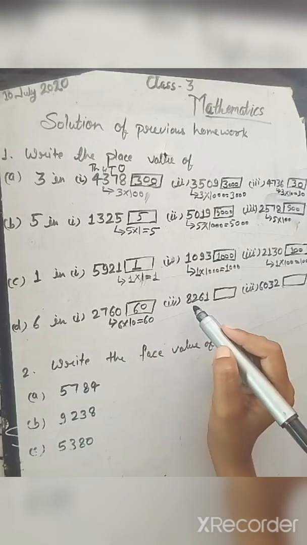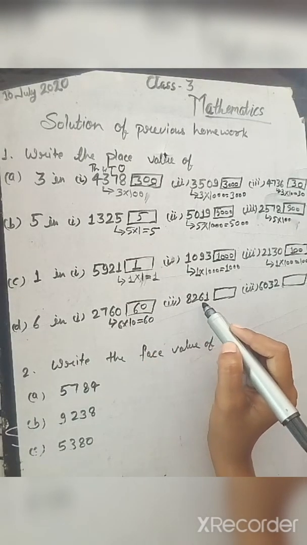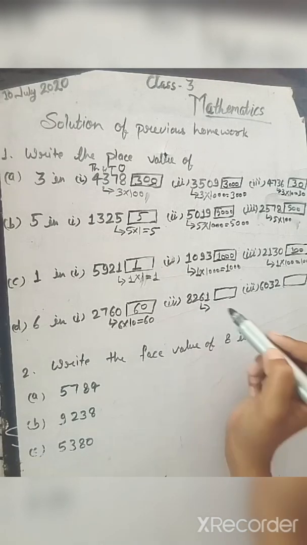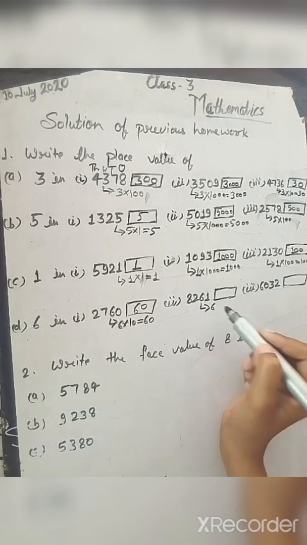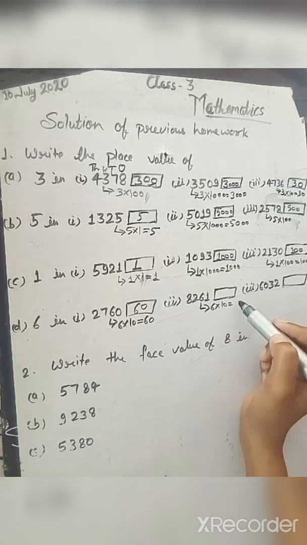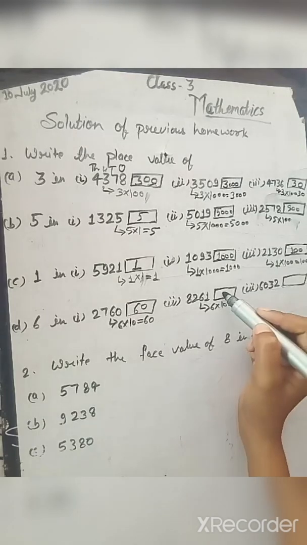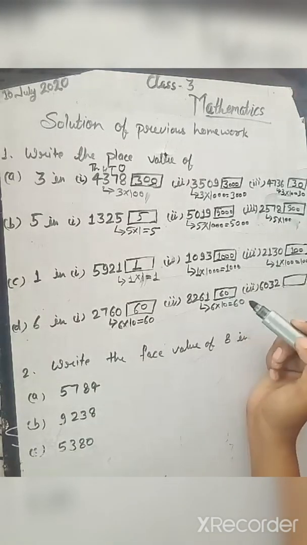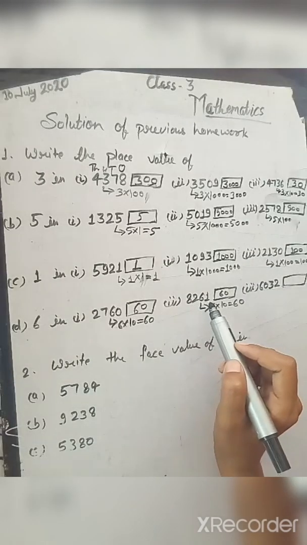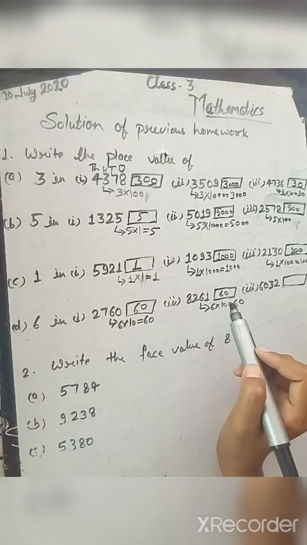Number second, 8261. Here we can see 6 also at the tens place, so again we will multiply it with 10 and we get 60. Then again we will write here 60. In this number 8261, the place value of 6 is 60.